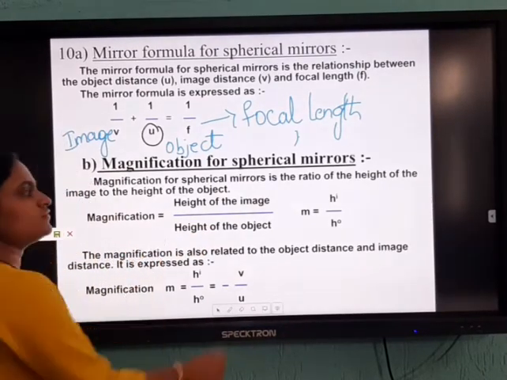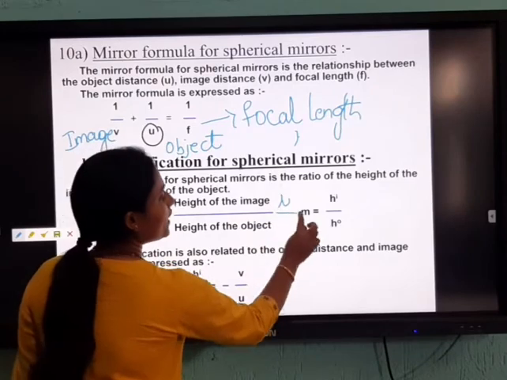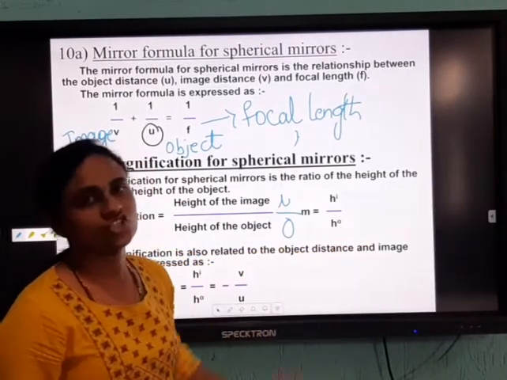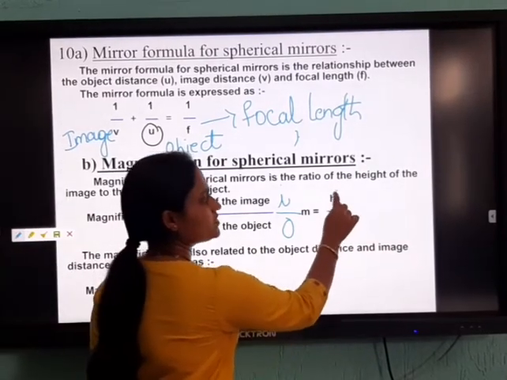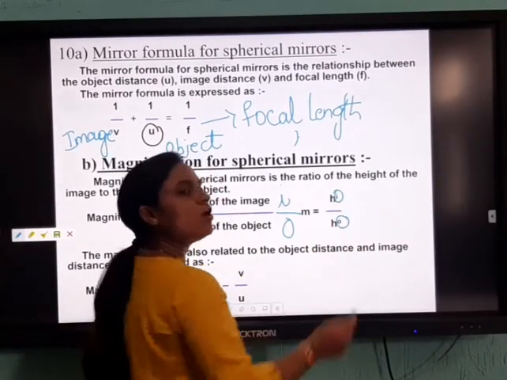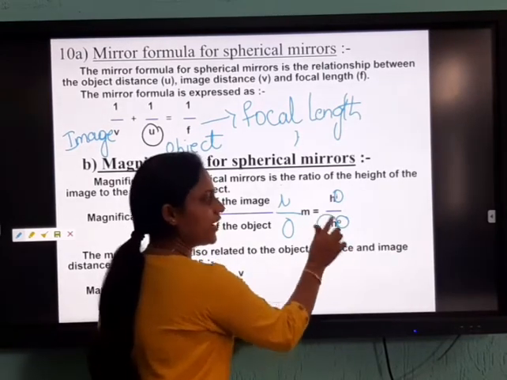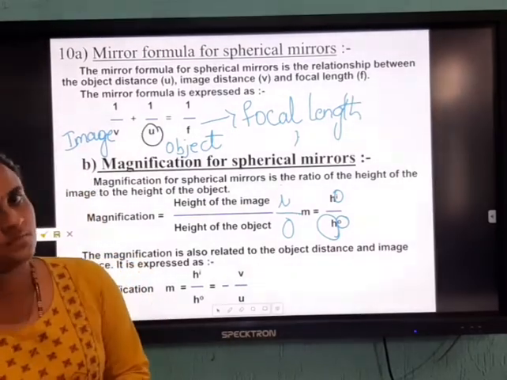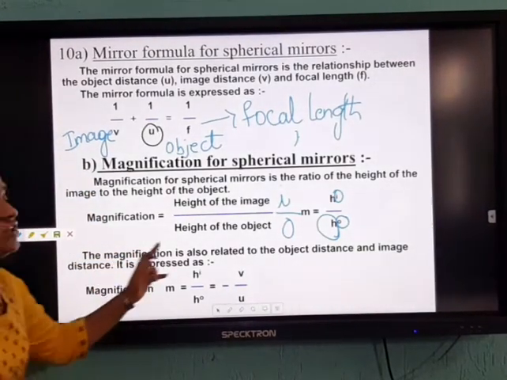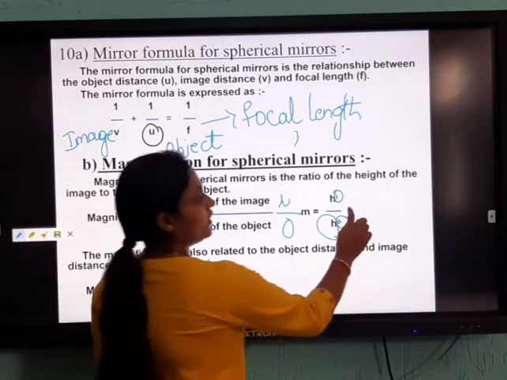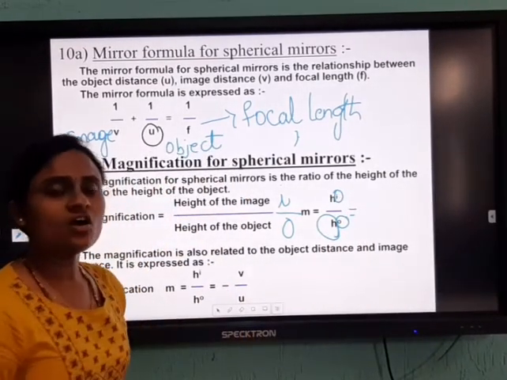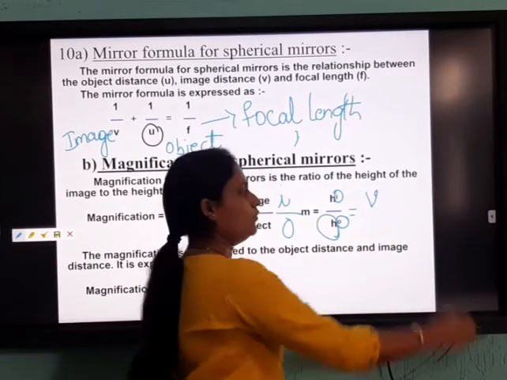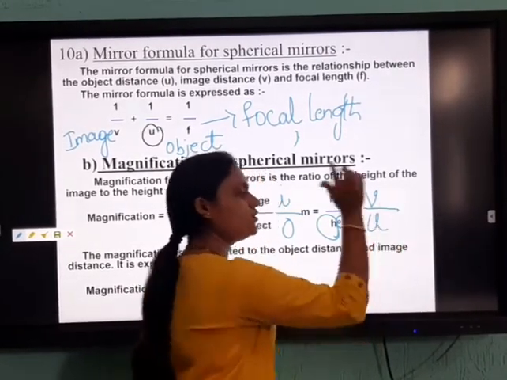It is given by the ratio of the height of the image to the height of the object, represented by hi by h naught. Here i represents image, o represents object, h means height. So it is the ratio of the height of the image to the height of the object. This can also be given in terms of image distance, which is represented by v, and object distance, represented by u.